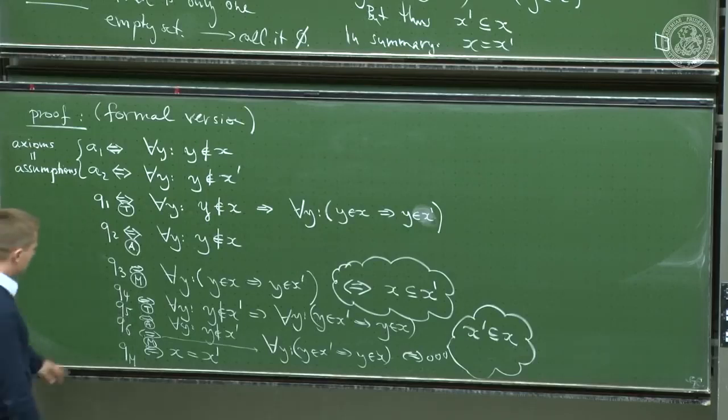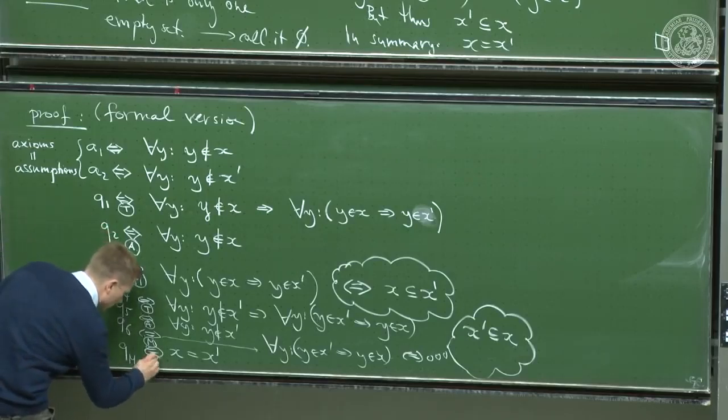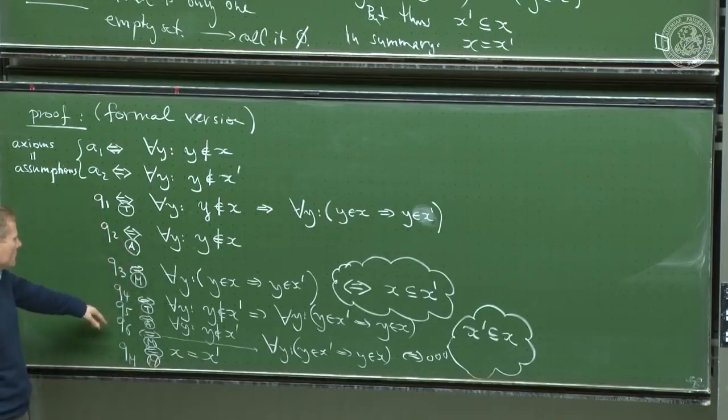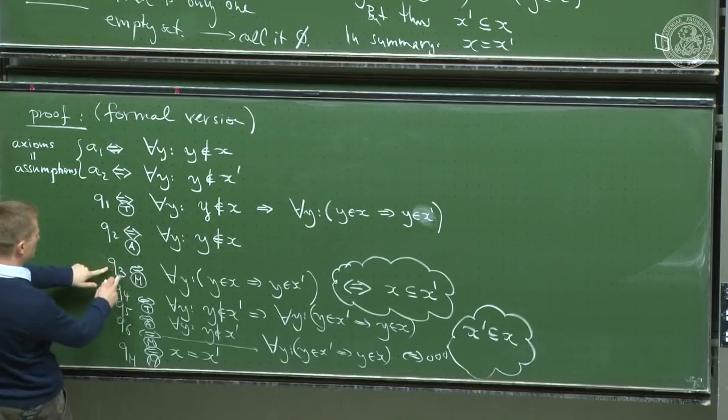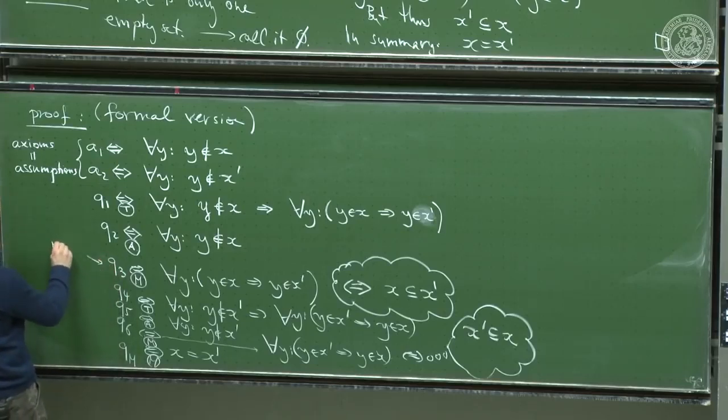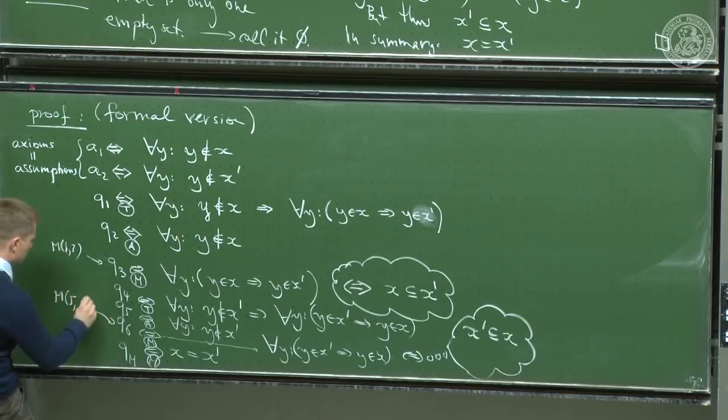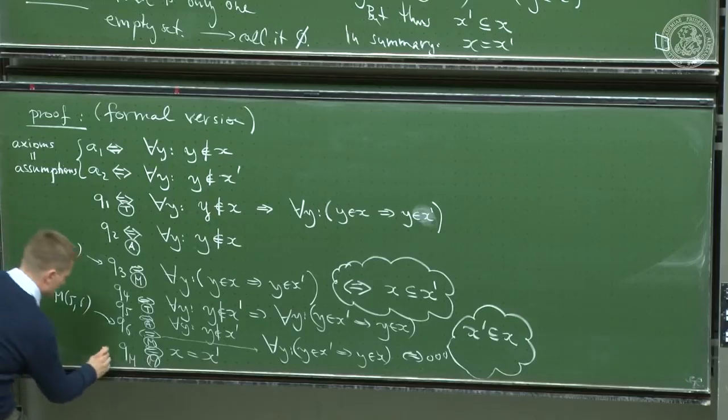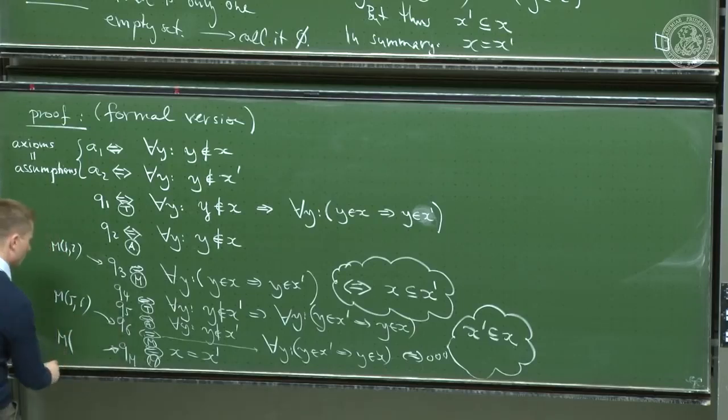And then you again can invoke the modus ponens and say, look at two previous steps in the proof. So I should write down, this modus ponens used 1 and 2. This modus ponens used 5 and 6. And this modus ponens here used steps 6 and 3.